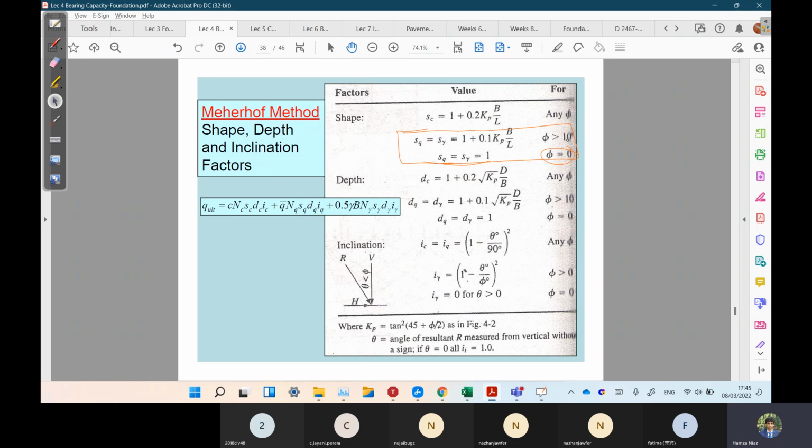And if the soil has an angle of internal friction greater than 10, we'll use this value. What is Kp here? Kp is tan square of 45 plus phi by 2, the whole square of that. These expressions would be given, no need to memorize them. So simply put in the values, we can get S q and S gamma from this. And for any value of phi, we can calculate S c from this expression.